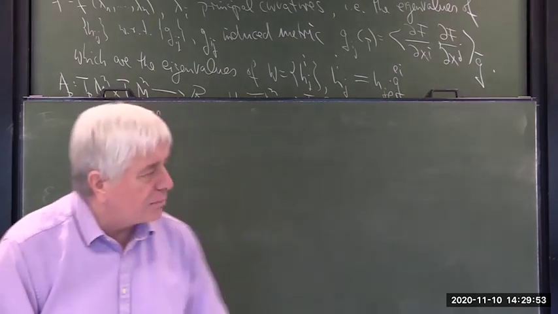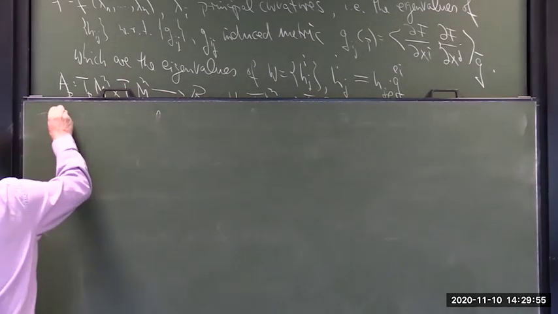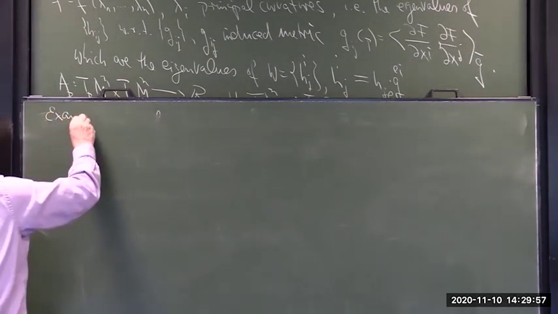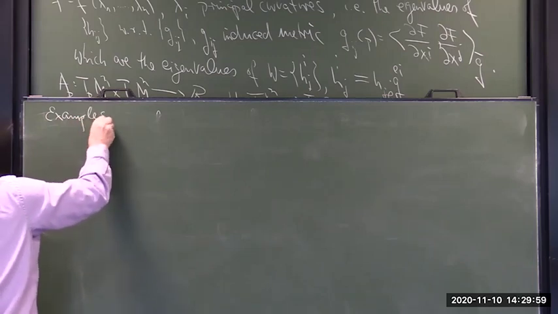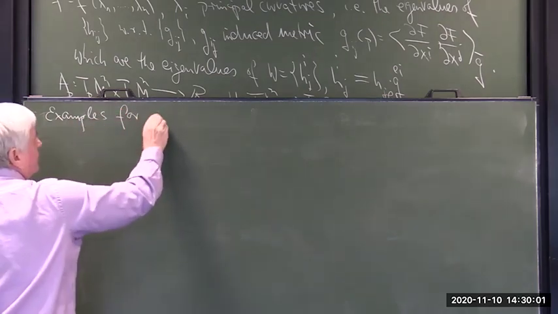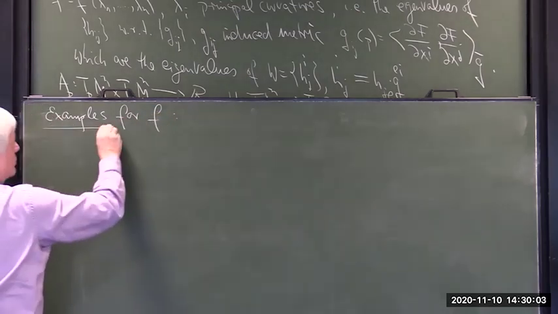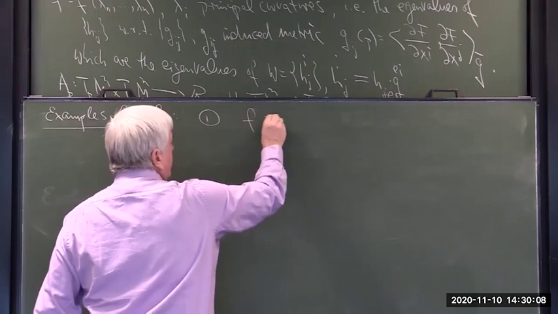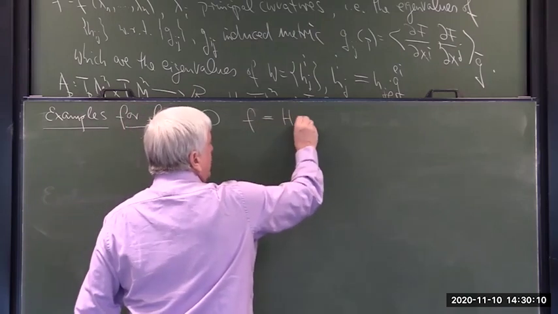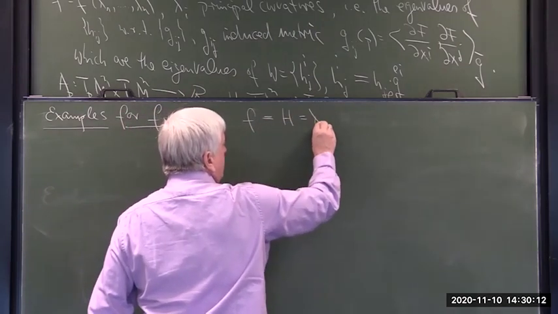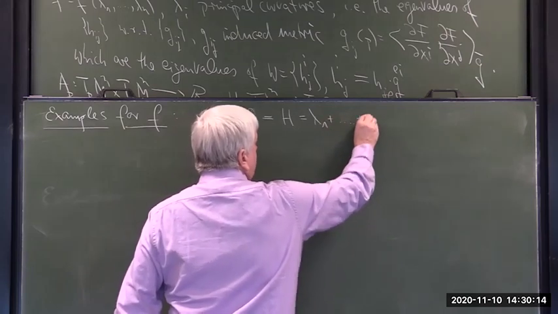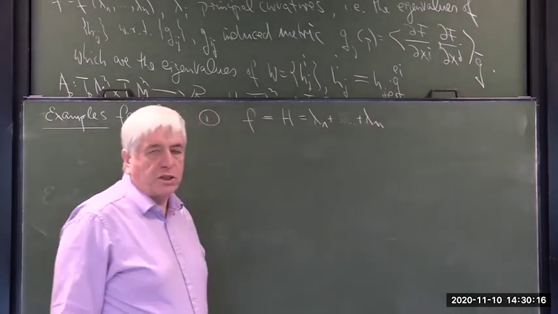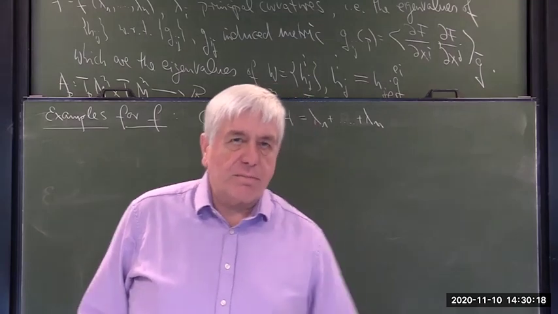So here are the main examples. For f, first one would be f equals the mean curvature, which is the sum of the principal curvatures. In some old books, you have the average of the principal curvatures.